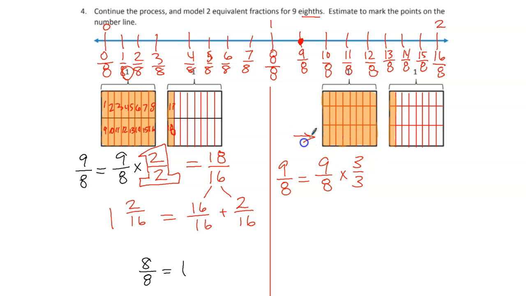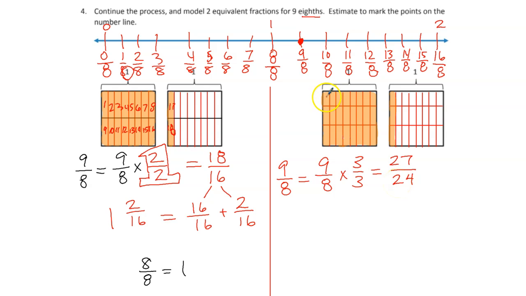Remember, we have 1 horizontal third, 2 horizontal thirds, and 3 horizontal thirds. This is the horizontal thirds I'm talking about. That's 1, 2, 3. Alright, so we know that we're going to have 9 times 3 is 27, and 8 times 3 is 24. So we're going to have 27 24ths.